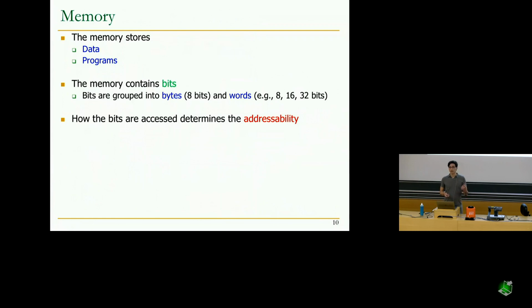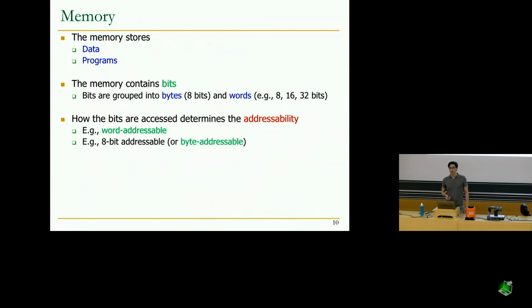When we want to access some piece of data from memory for reading or for writing this piece of data, we will access a certain number of bits. So in case that the collection of bits that we access is 1 word, we say that the computer is word addressable.